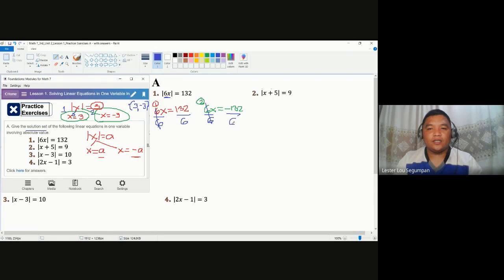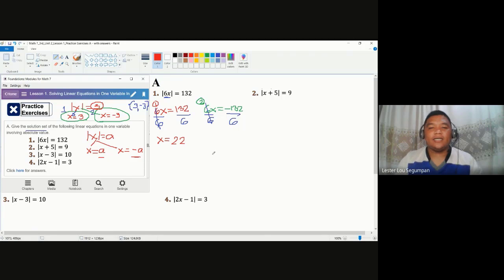So again, we may have the same items to be divided, but we need to answer them separately, independently, because there might be instances that they will no longer be the same. So let's focus first on case number one for item number one. We have x is equal to 132 divided by 6, which is actually equal to 22.